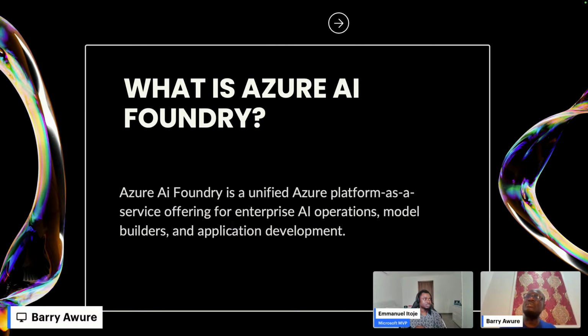So instead of you having to build this infrastructure on your own, run models on your own, do the trainings on your own, all these things have been done by Azure already in the background. All you just need to do is subscribe to whatever service that you want, and then you plug in.